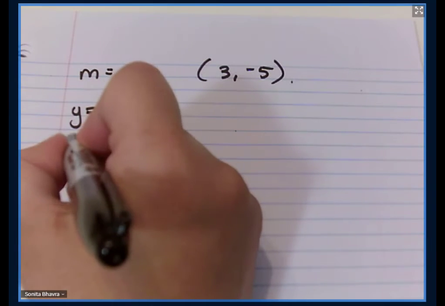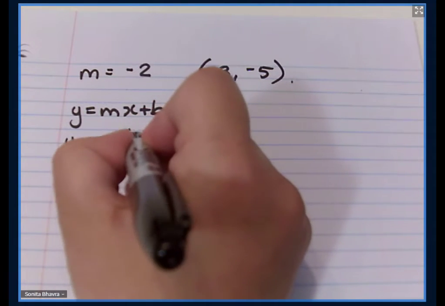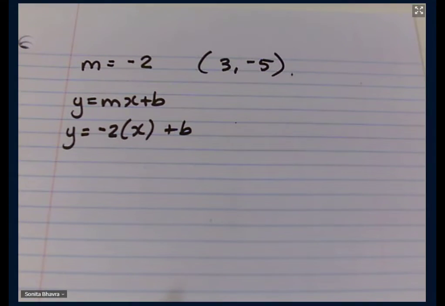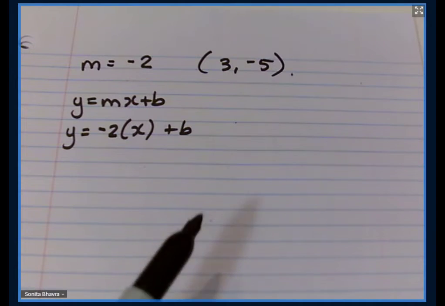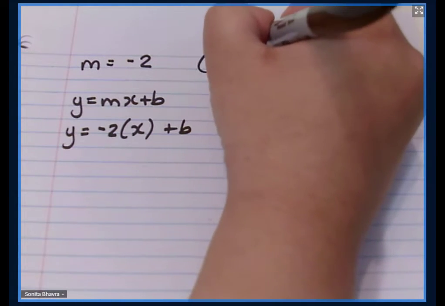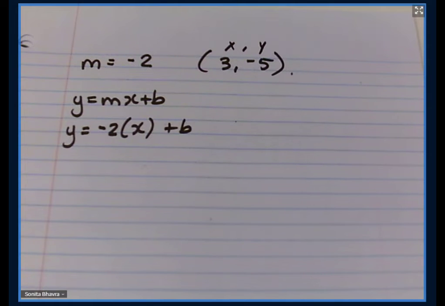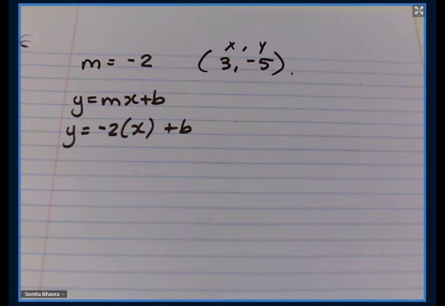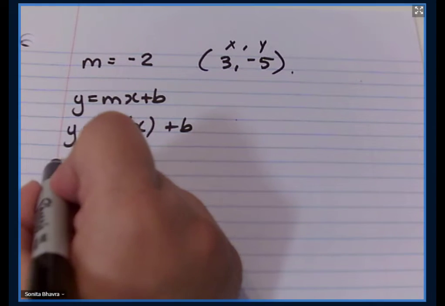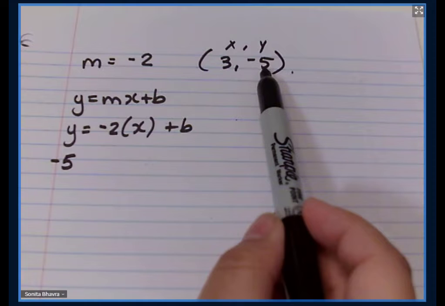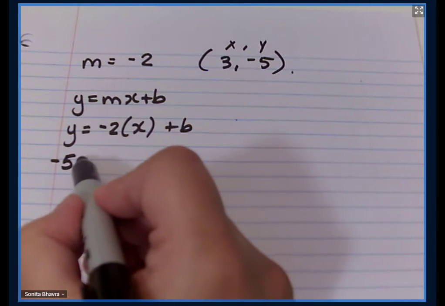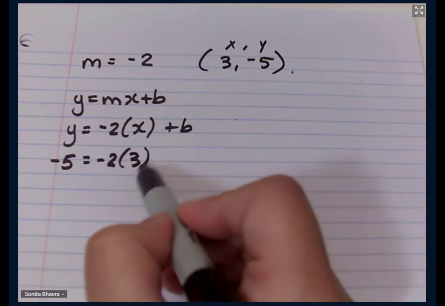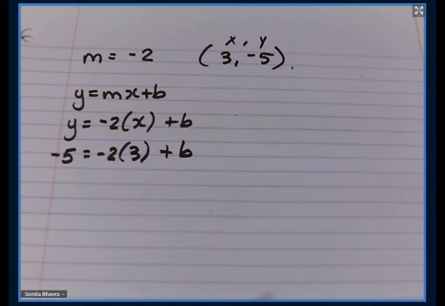So all he really did here was negative 2 times x plus b. And what he can do further is, because he has a point on the line, he has x, y, he can use that information, plug it into x and y here into the equation. So basically he can put in y is negative 5 and x is 3, and then he can solve for b.